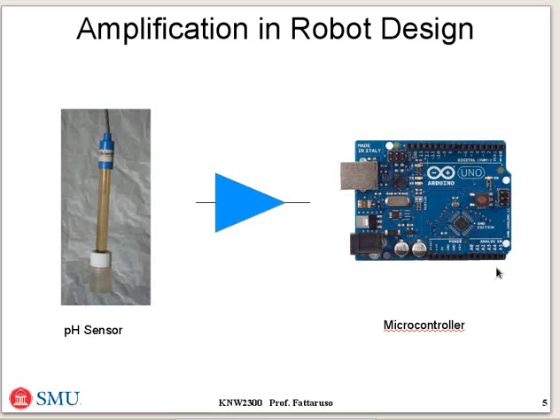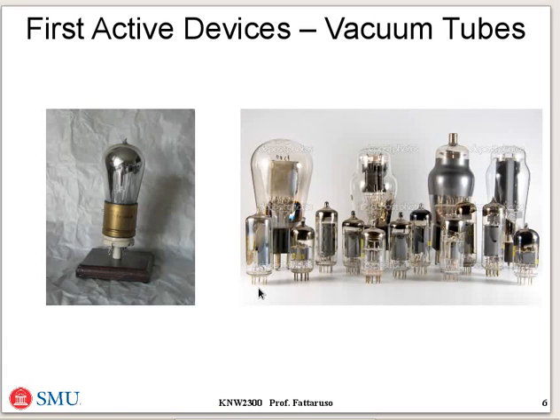Well, amplification requires some sort of what we call an active device in electronic networks, and I like little historical perspectives on things. So let's go back in history a bit to look at the very, very first active devices in electronics, and these were, of course, the vacuum tubes invented very early in the 20th century.